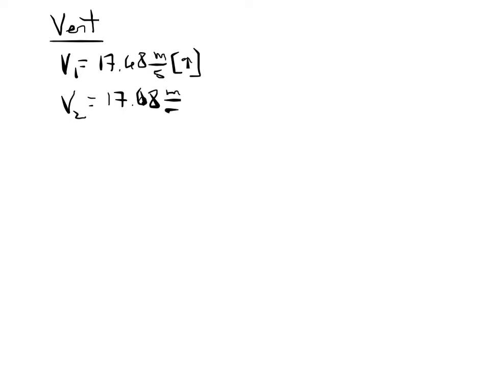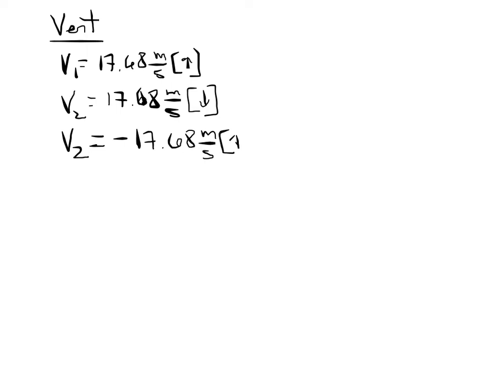meters per second down. Now, when we plug these into an equation, we want the directions to match. These two directions need to match. Now, in order to do that, because these directions are opposite, we can say that v2 equals negative 17.68 meters per second up.